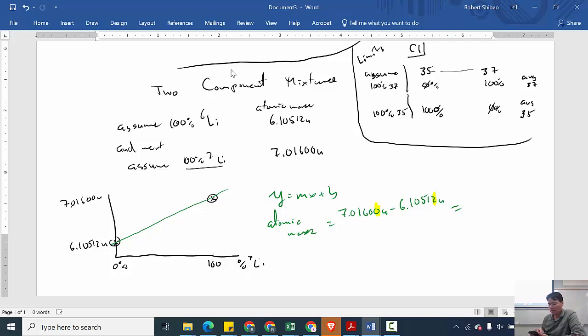So I have 7.016 minus 6.10512. Let me do that again. 6.10512. I have a screen protector, so it's always not registering. 0.91088. That's 5, and then the 6 would be a 0.